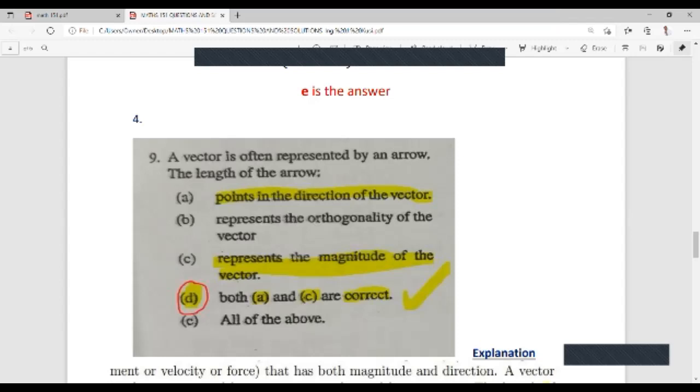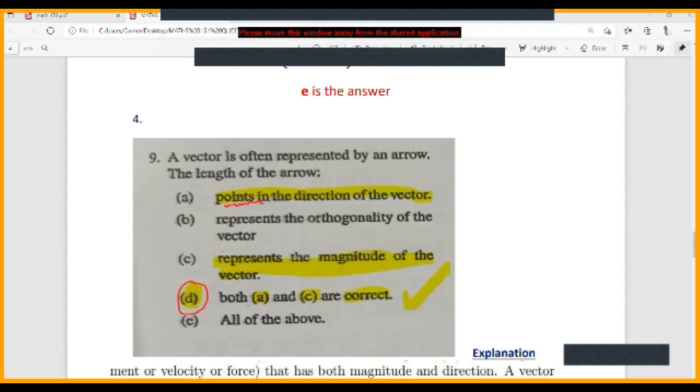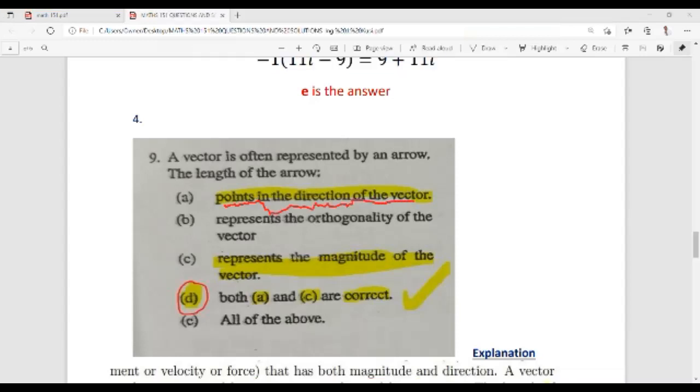Okay, so the answer is B. B is saying that the answer is both A and C. A says it points in the direction of the vector. You say a vector is often represented by an arrow. The length of the arrow, what does it represent?